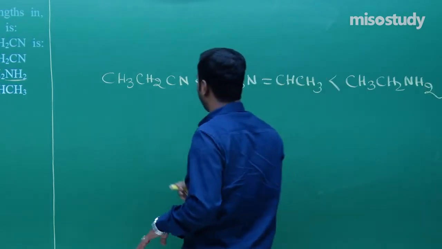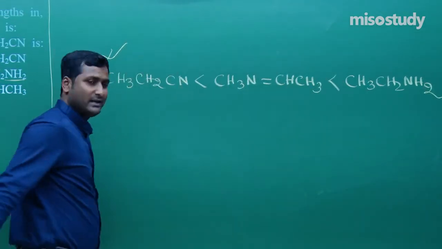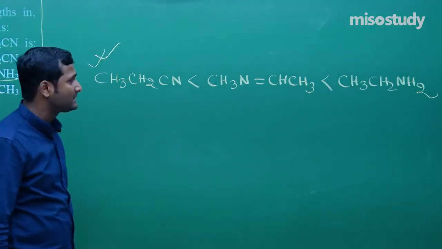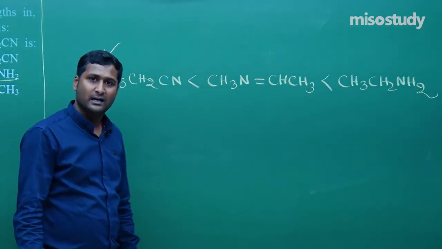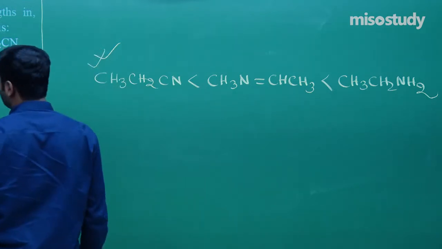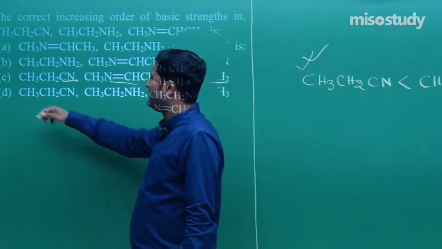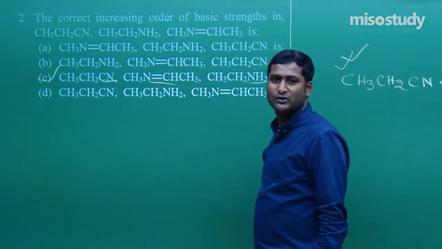This is the correct order: CH3CH2CN, CH3CH=NCH3 and CH3CH2NH2. So for this question, which one is the correct option? That is, C is the correct option.